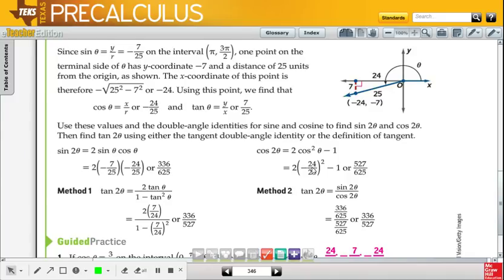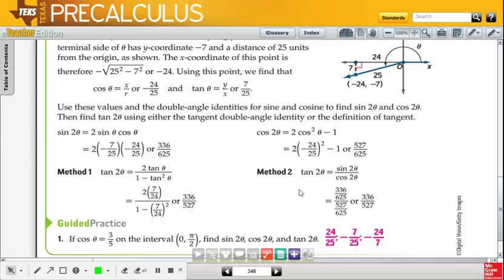Do the square first, distribute the 2, and then subtract 1. Now remember, when it's a fraction minus a whole number, you have to work in fractions with a common denominator. So cosine 2 theta will equal 527 over 625. It's basically the same work we have done since the beginning of the year, working with fractions, multiplying, using PEMDAS.